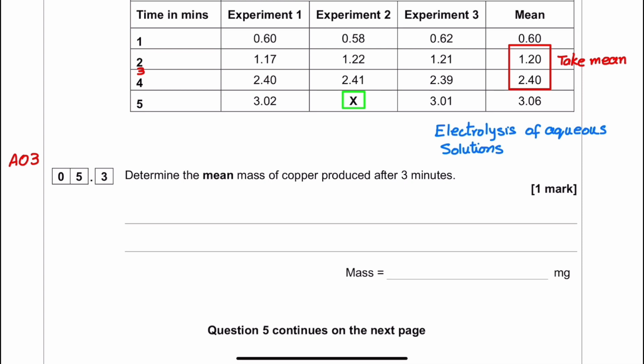So we will take the mean value, that is 1.20 plus 2.40 divided by 2, and that is 1.8 milligram of copper is produced after 3 minutes. The correct answer is 1.8.